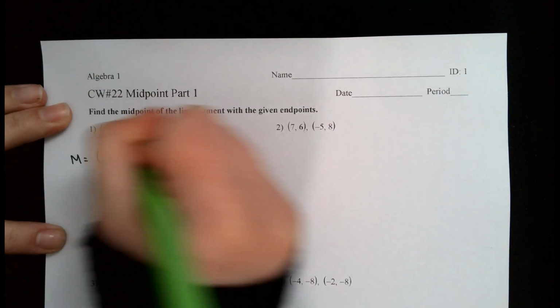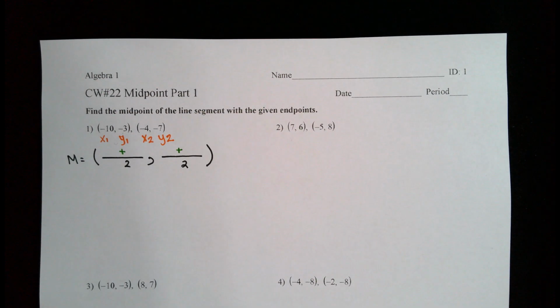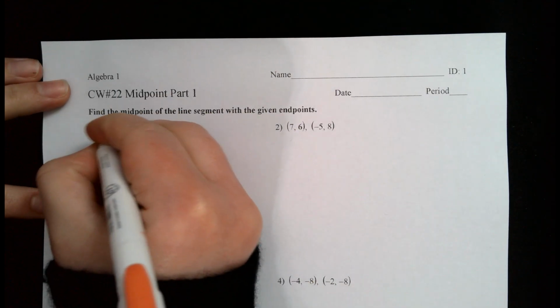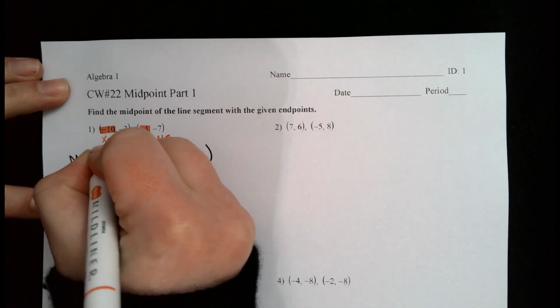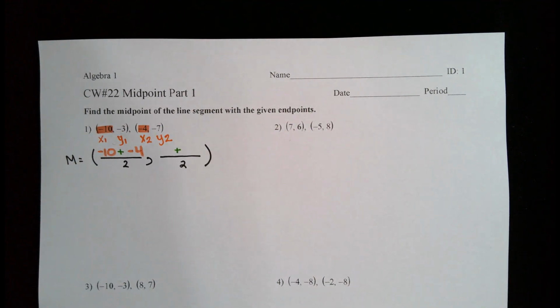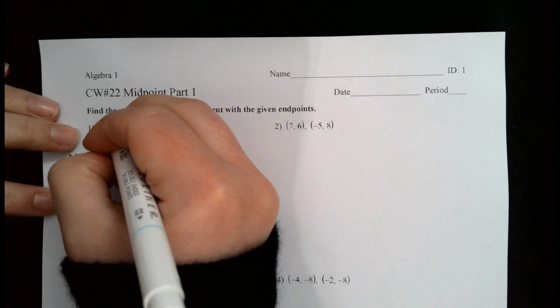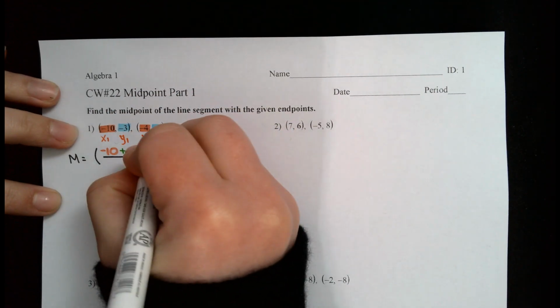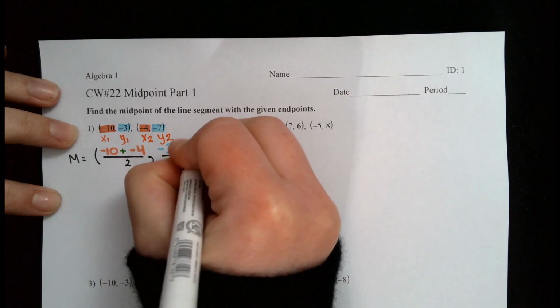Put in your pluses. Identify your x's. So we get -10, -4. Identify your y's. We got -3, -7.